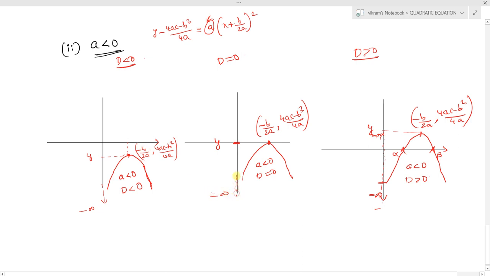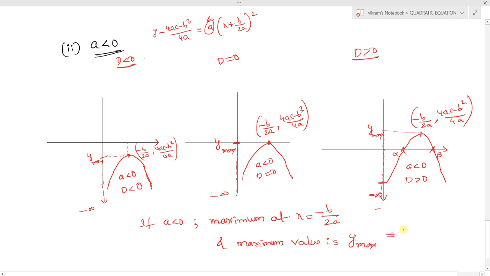So if a is less than 0, the curve will have the maximum at x equals minus b by 2a, and that maximum value is y maximum equals (4ac minus b square) by 4a.